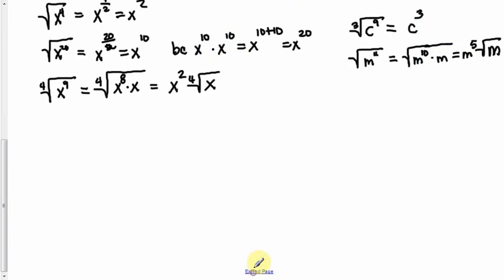Sometimes they will give us problems that have many factors inside of there. So the square root of a squared, b to the 9th, c. And we're told to simplify this.